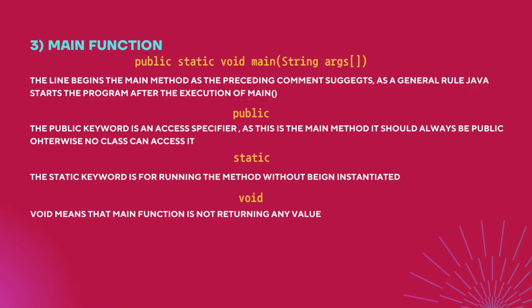So if you had typed Main with uppercase instead of main with lowercase, the compiler would still compile your program. However, Java would report an error while running that it can't find main.